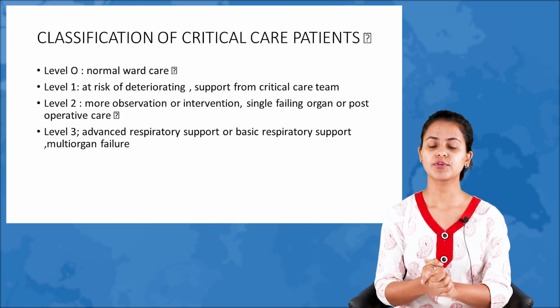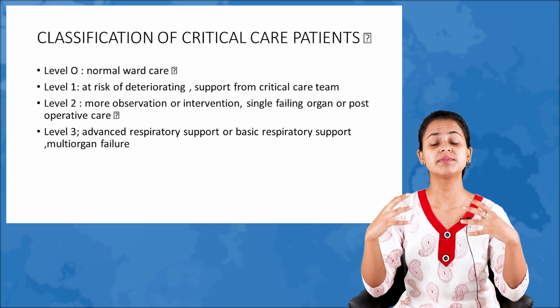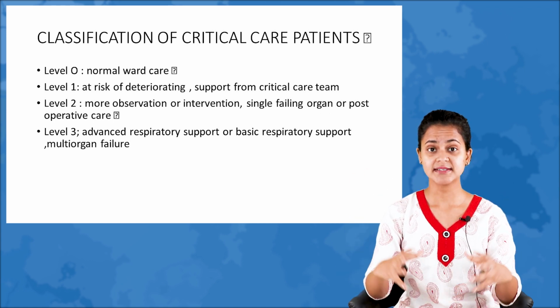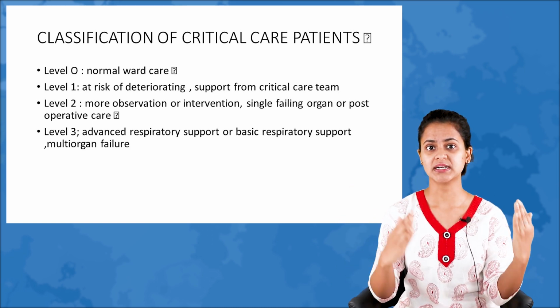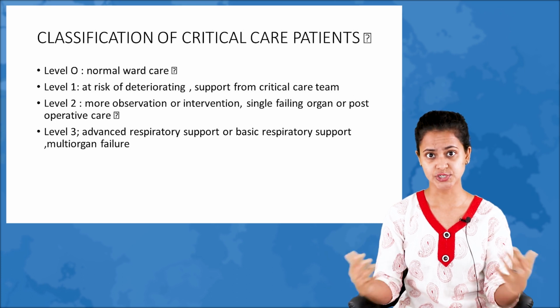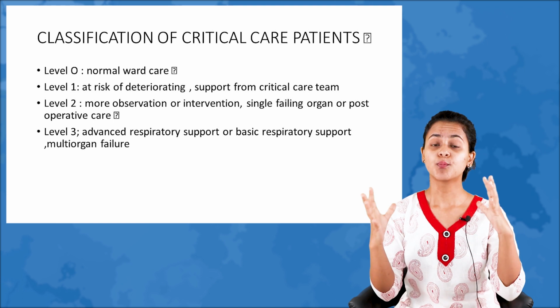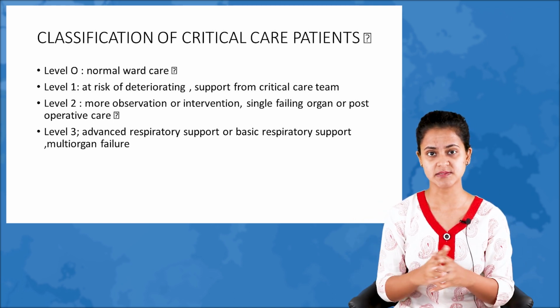In level 1, we will almost always see clients who are admitted here at risk of deterioration of their health. That is the reason the critical care team should support the client in order to manage their condition in level 1. In level 2, we will almost always see that more observation and continuous specialized monitoring and assessment is needed.